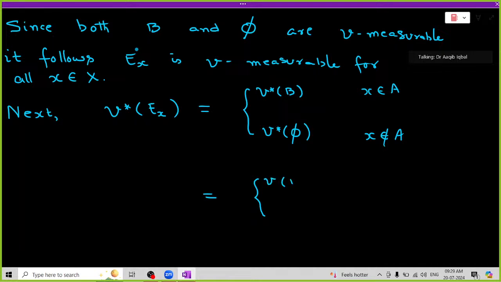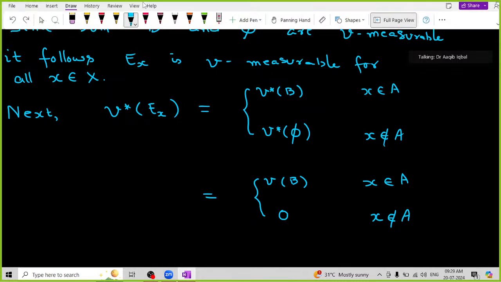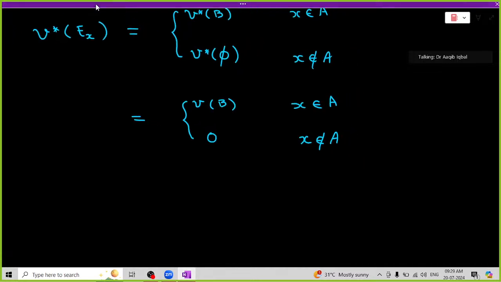So this is the same as nu of B when x is in A, and the outer measure of the empty set is 0, so it is 0 when x is outside A. So it's nu of B and 0. And because of the shape this is taking, I can also write it like this: nu of B times the characteristic function of A evaluated at x.